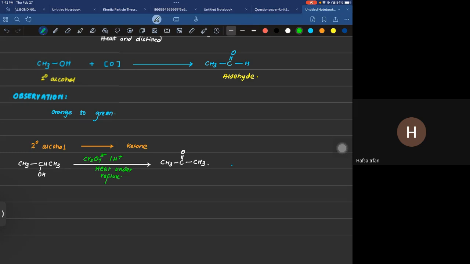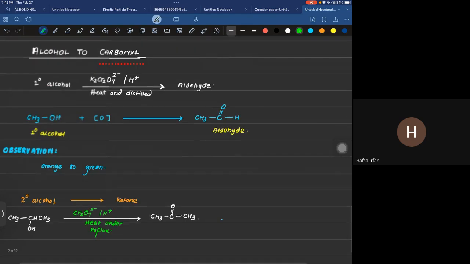Okay, and further oxidation of aldehyde is going to give you carboxylic acid. मैं वही मेंशन कर देता हूं कि further oxidation would give you carboxylic acid, जो कि ये है CH3COOH.